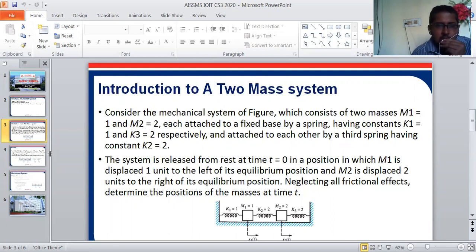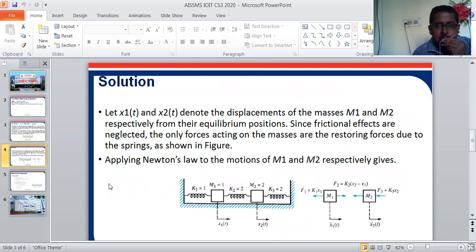After that, one needs to find the equations, but one has to know the relations, how the equations will be governed. Here we have to apply Newton's laws of motion, particularly for the masses M1 and M2.